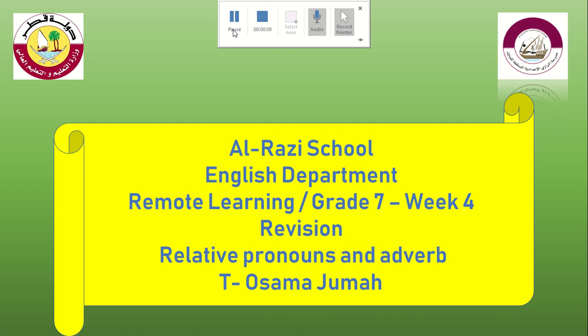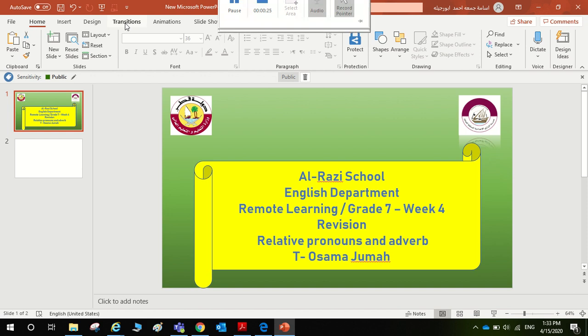In this video, we are going to revise the main topics of this week, week number 4: relative pronouns and adverb. First of all, I ask you to open your student's book, page 101.